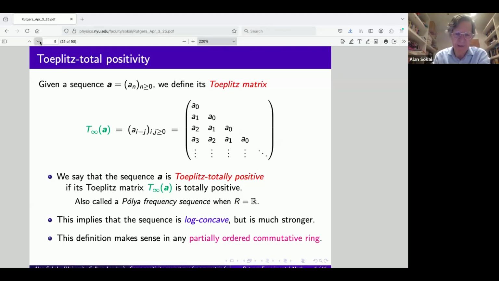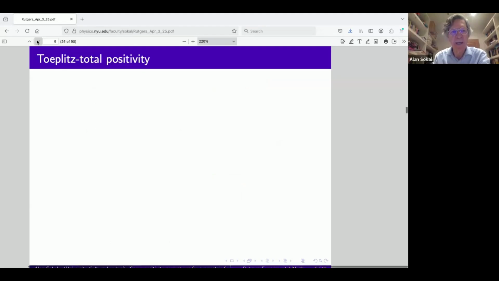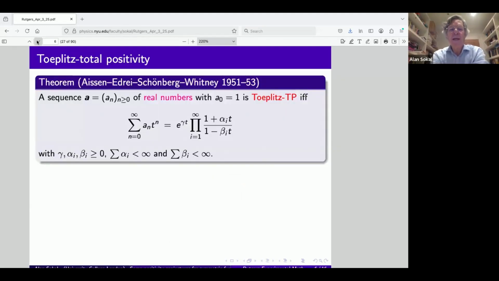Okay, and as I said, this definition makes sense in any partially ordered commutative ring. Now over the reals, there's a nice characterization of Toeplitz total positivity, which actually looks quite a bit like what you saw about the Laguerre-Polya class of entire functions.